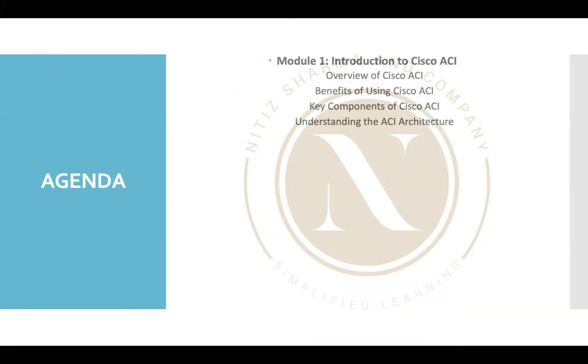Whenever you combine the components required for ACI to function properly, there is a certain architecture that ACI requires. You have to place and connect your devices in that particular architecture so that it can work perfectly. That is all we will be discussing as part of module 1.